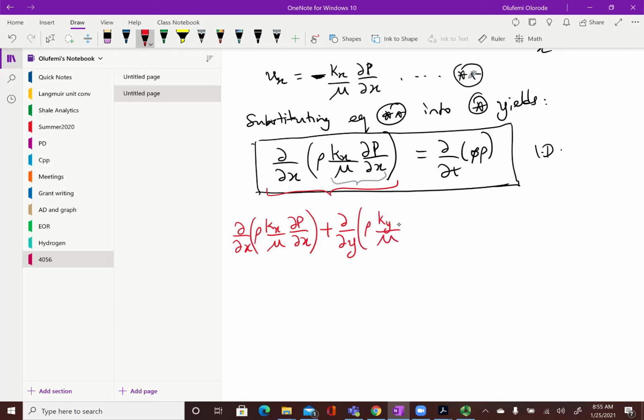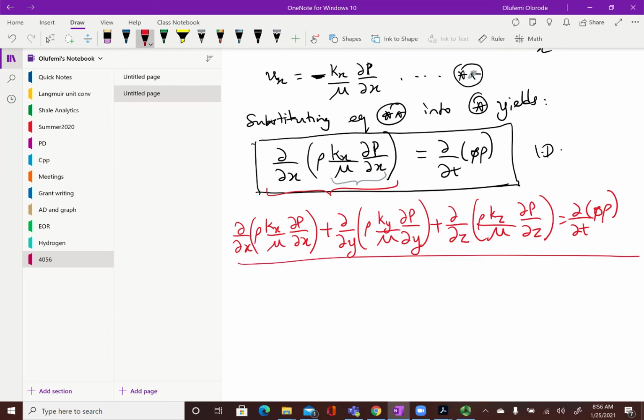See, it's pretty much in the same format, right? You're going to be differentiating with respect to what? Y. And then same deal for Z. Differentiating with respect to Z, rho K, permeability in the Z direction, viscosity, the P, the Z. And the right hand side really never changes. That's your continuity equation with Darcy equation substituted in for velocity, and that's for 3D.